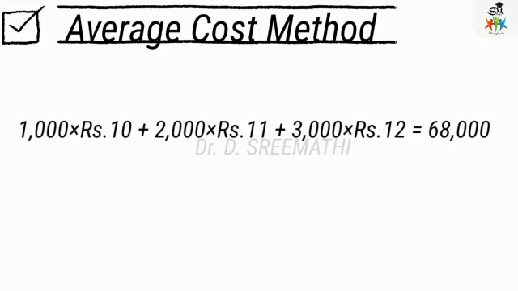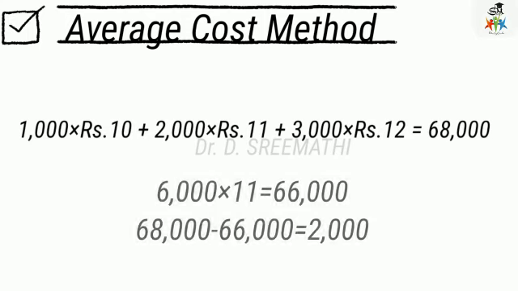The total price comes to 68,000 rupees. Whereas if you calculate using the average price, the total of 6000 units multiplied by 11 rupees gives only 66,000 rupees. So there is an under-recovery of 2000 rupees. This is possible in the case of the simple average method.